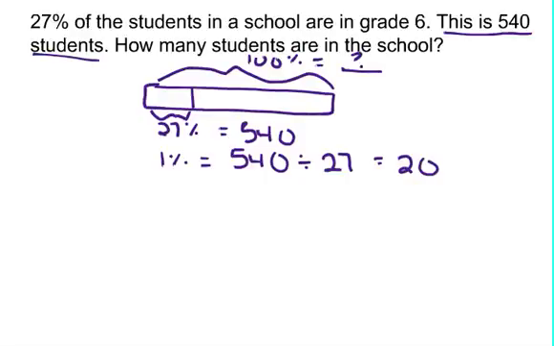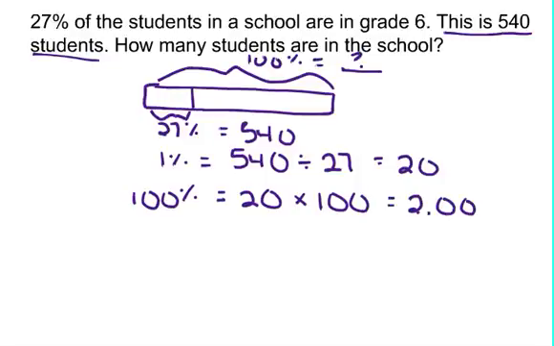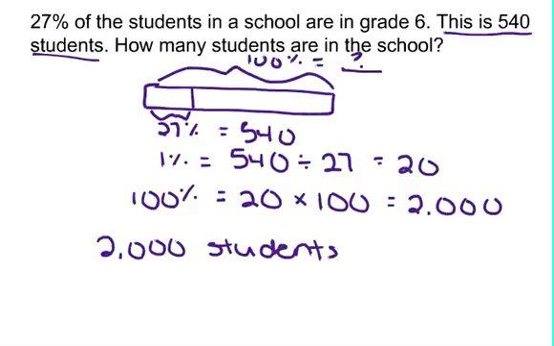So 1% would equal 20 students. We now can find 100% by taking the 1%, which is 20 students, and multiplying it by 100, and we would get 2,000. So there are 2,000 students in the school.